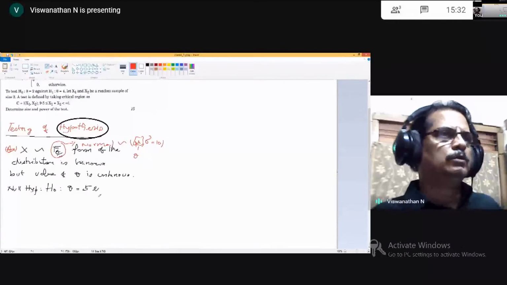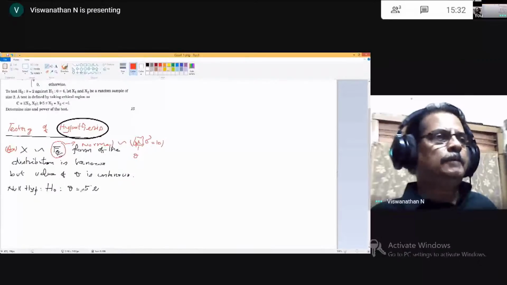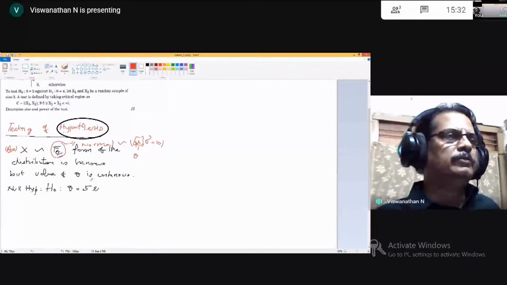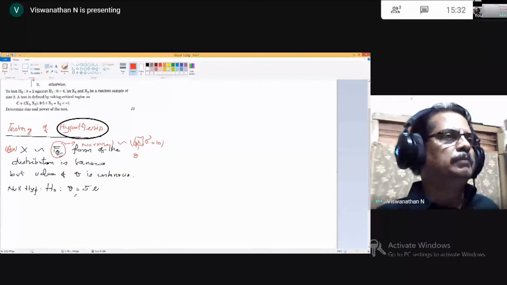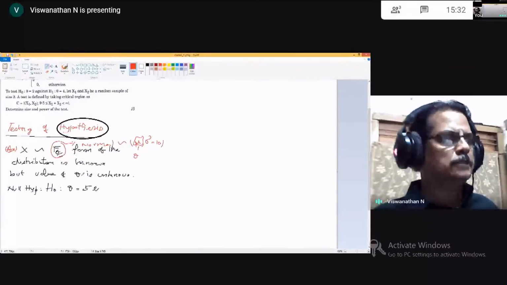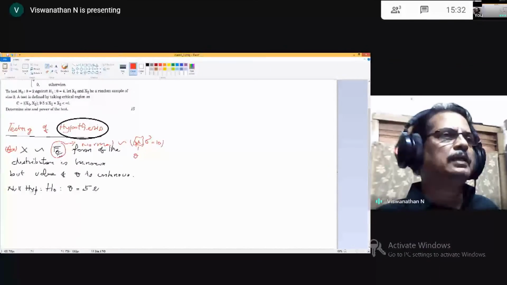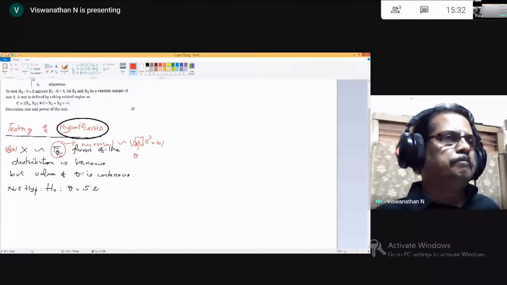So theta equal to 52 in this sense means I am testing the average age of this particular group or population. By population here I don't always mean a group of people of a particular area. It is a collection of objects, that's all. It can even be a collection of non-living things.